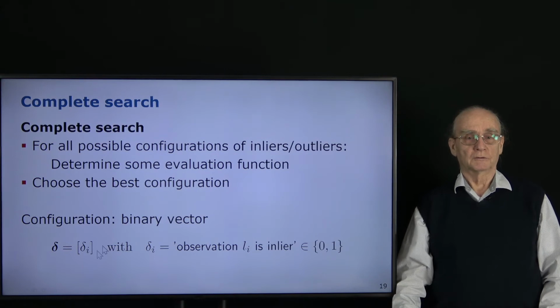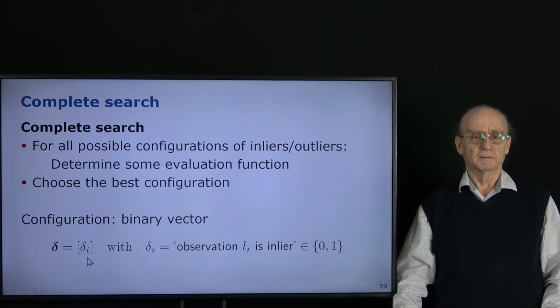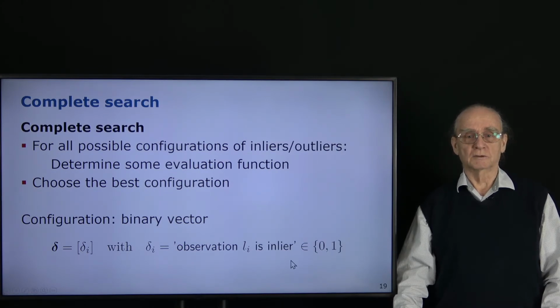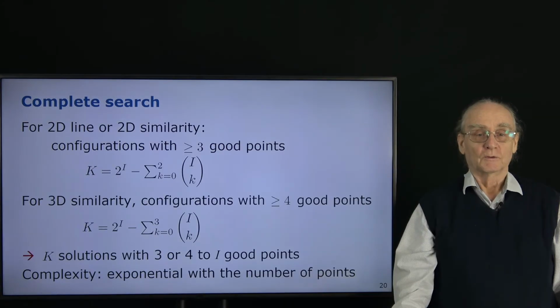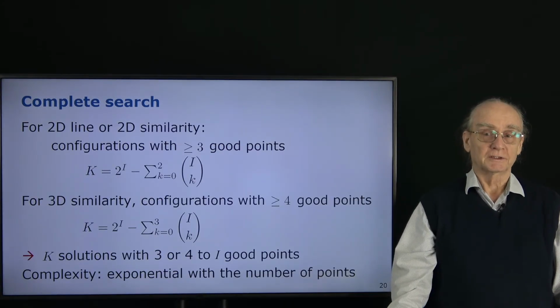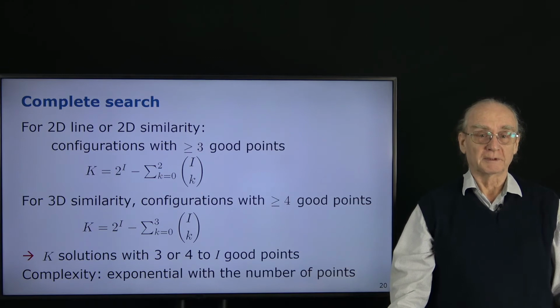What we do in the following is to describe the configuration by a binary vector, which has the length of all these points. So if you have 10 points, it will be a 10-vector with zeros or ones, and if it is a 0, it's an outlier, and if it is a 1, it's an inlier. So how many trials do we need to go through if we do complete search?